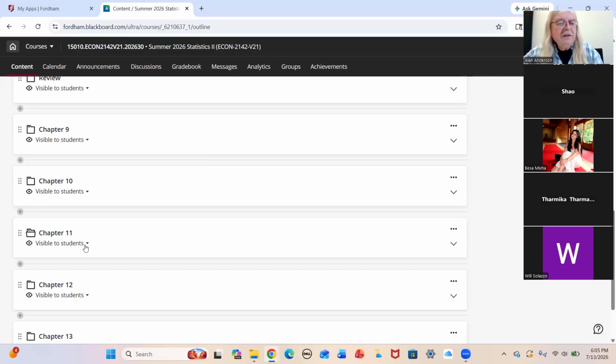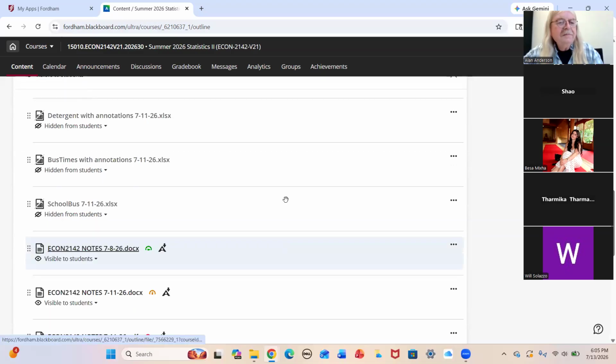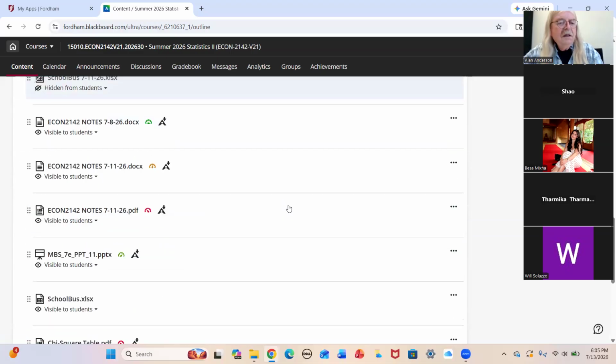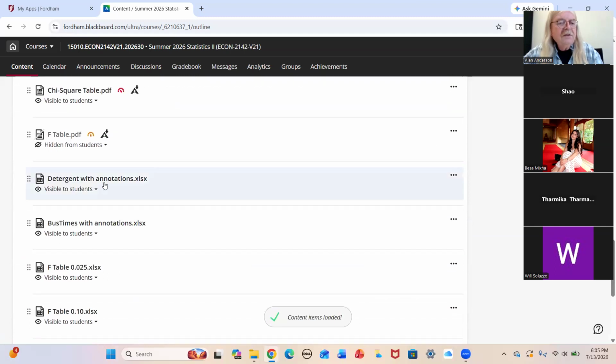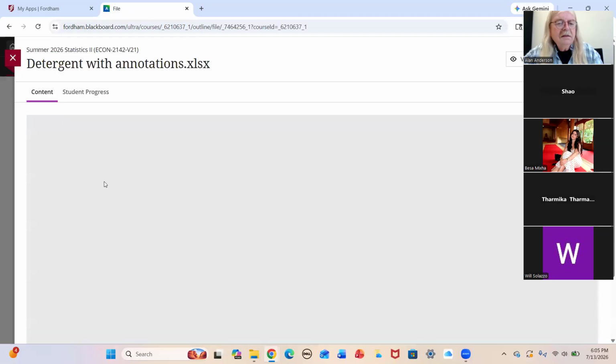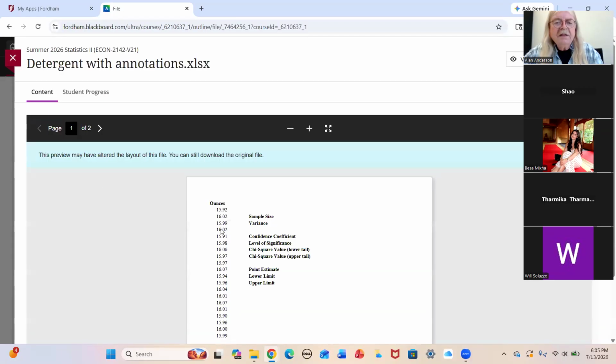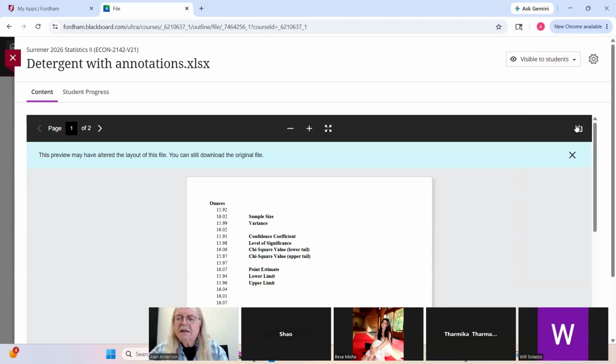For 11, we don't really need 11 itself. We need the spreadsheets, which were detergent with annotations. And you can see everything's waiting for us to fill in the details. So we'll get that open.